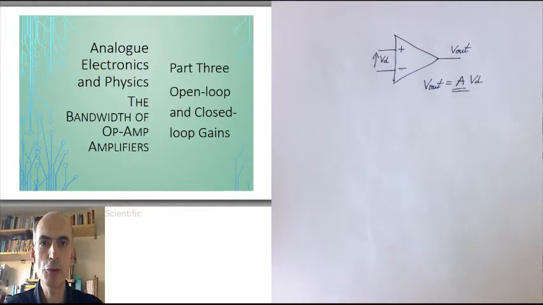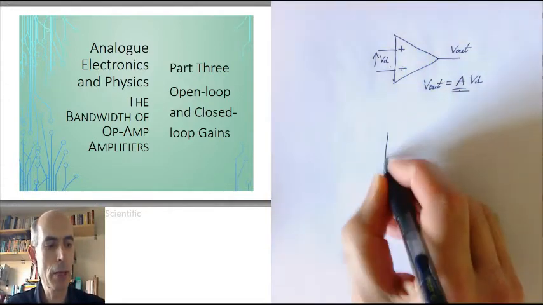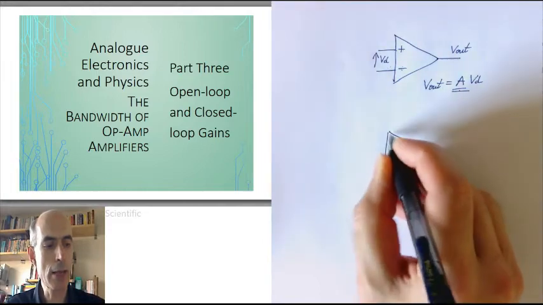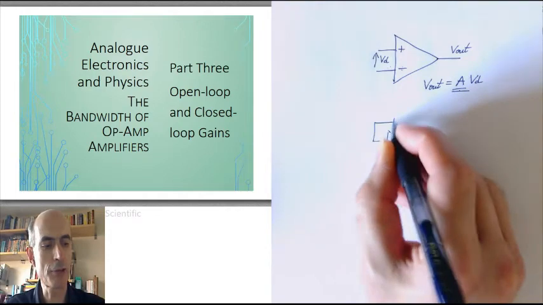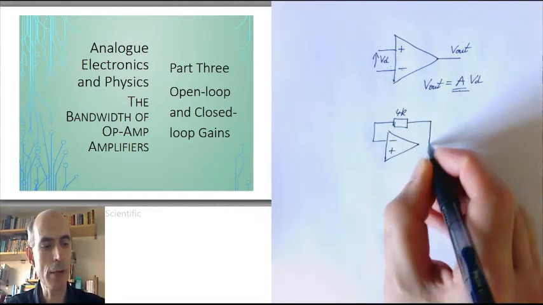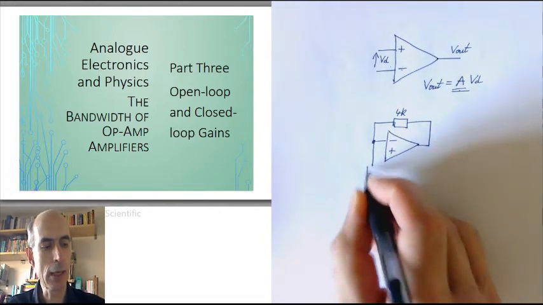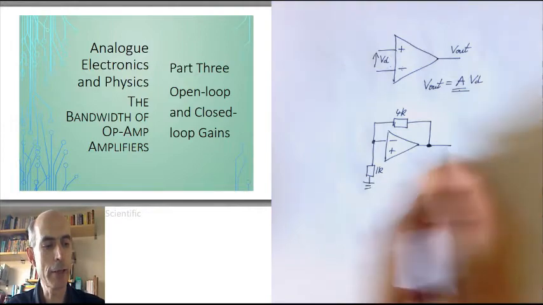However, if I was to build an amplifier using this op-amp, maybe I was going to build a non-inverting amplifier with a gain of, let's say, 5, I might put a 4K resistor there and a 1K resistor down here. That would give me a gain of 5.